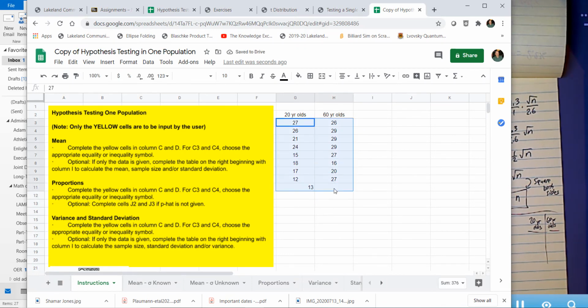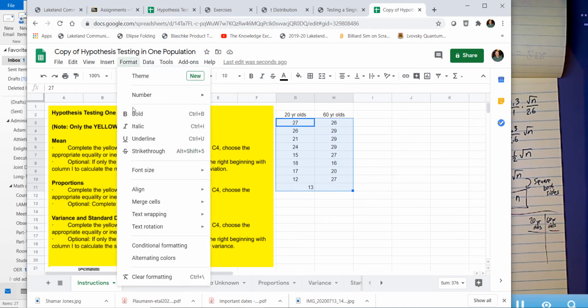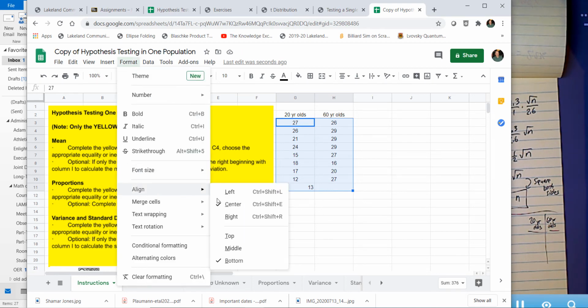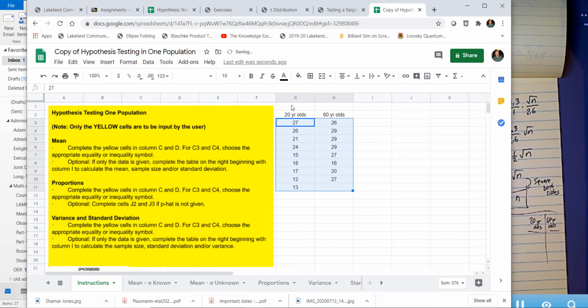And of course you can change the formatting, you can center all this. Let's align it all in the center. Let me move these labels up higher. I don't really need those. That's not data. So my point is that we can look at these things separately. We can compute the mean of the G's and we can compute the mean of the H's.